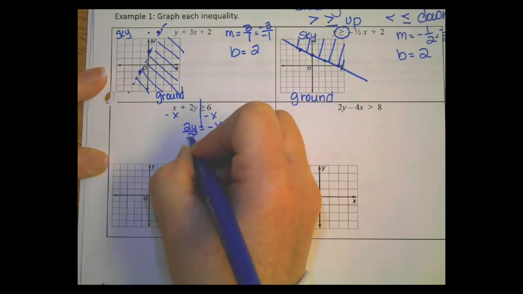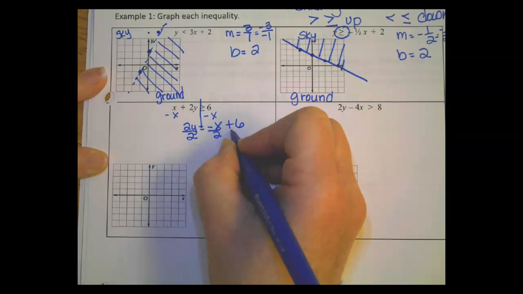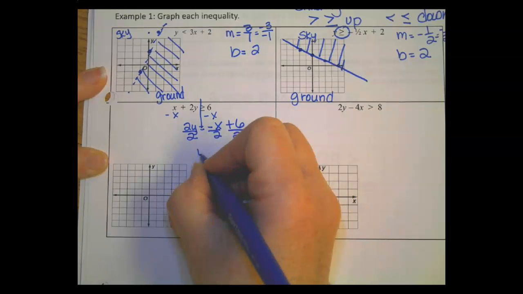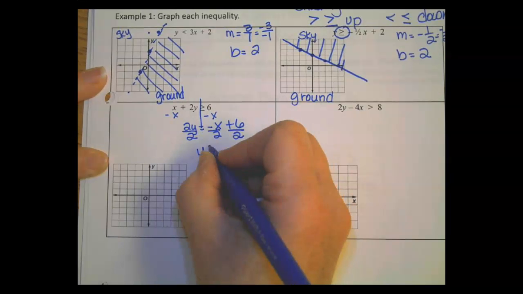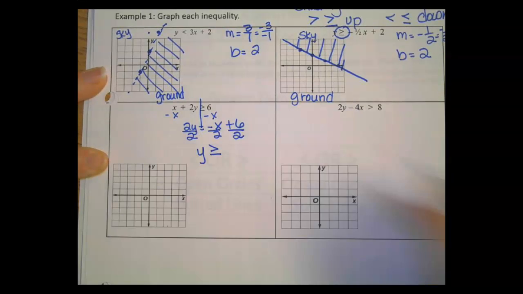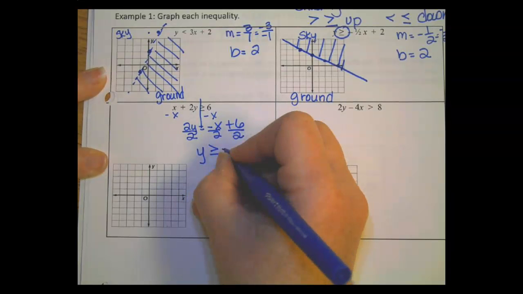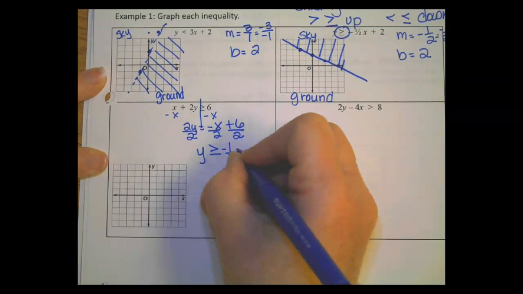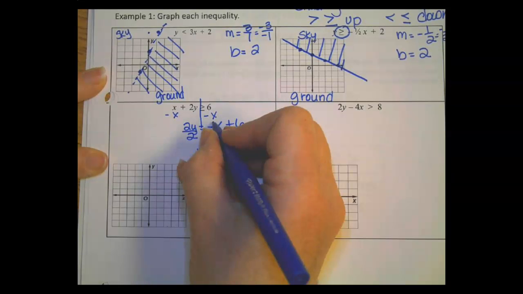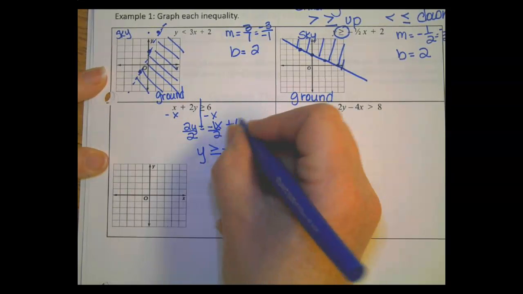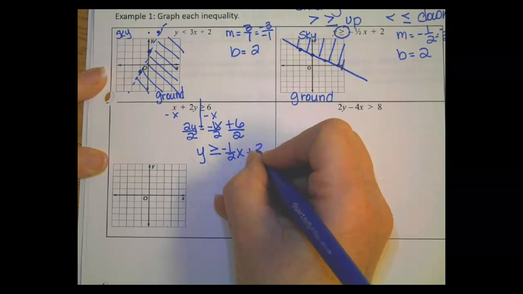Then divide everything by 2. So y is greater than or equal to a negative 1/2 x, because there's a 1 here, and then simplify 6 divided by 2 is 3.